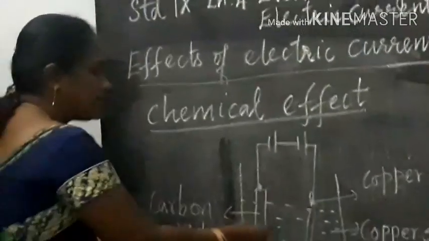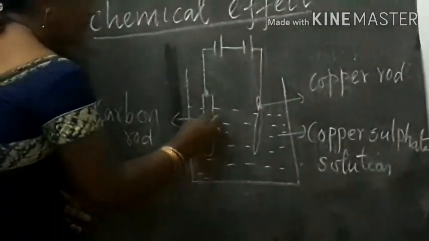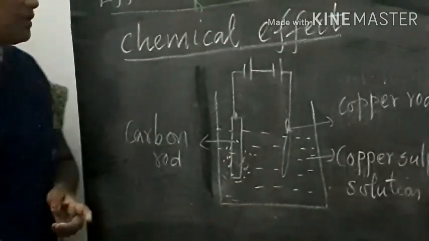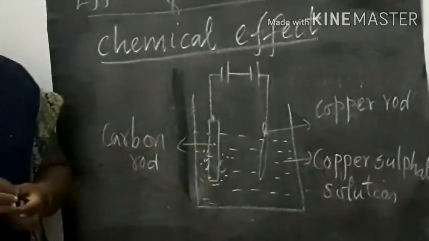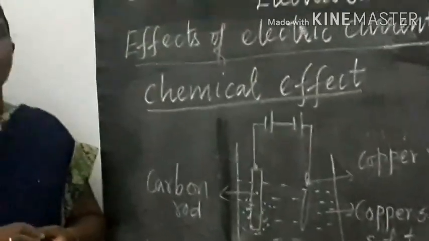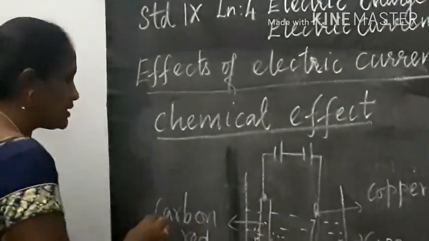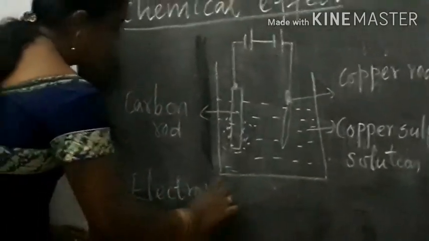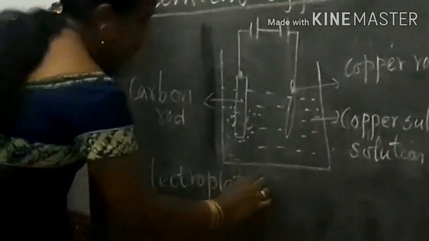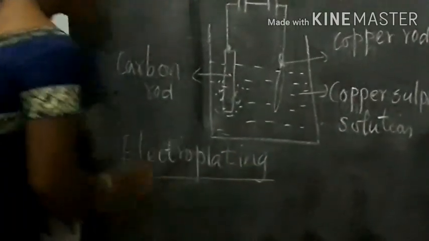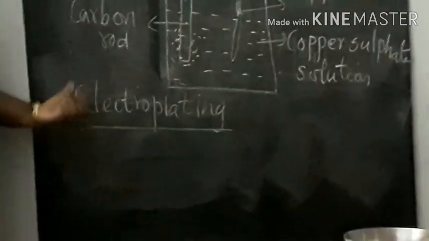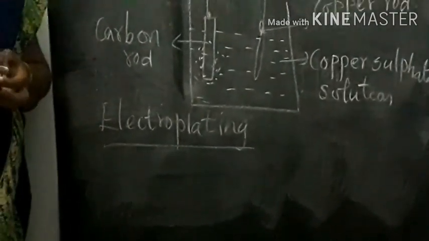As a result, the copper gets deposited in the carbon rod, and this process is called electroplating, which is the chemical effect of the electric current.